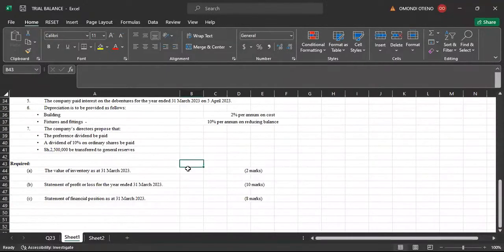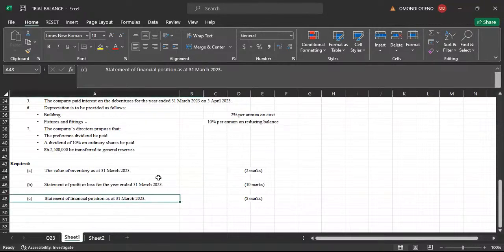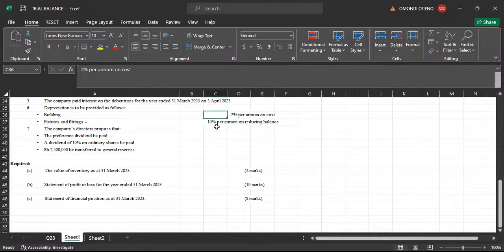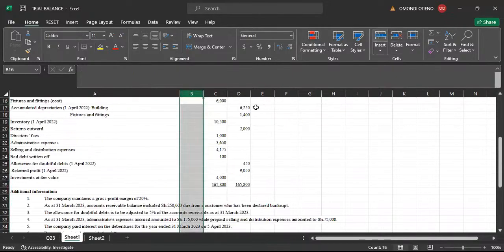So let me just see if there's anything here. Do we have anything here to take care of? Okay, let me make it to be here for us to do away with this column.